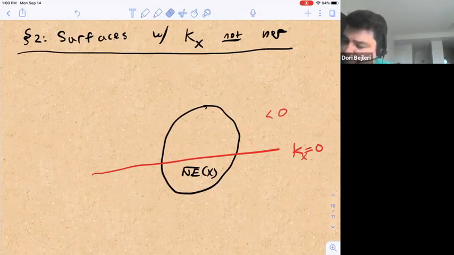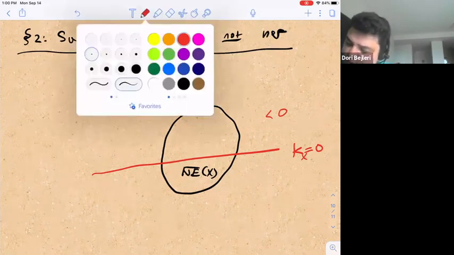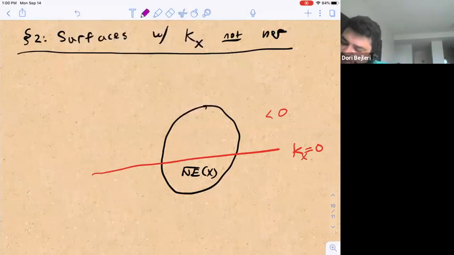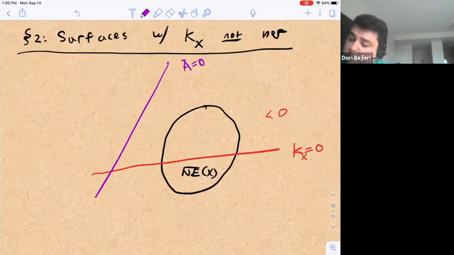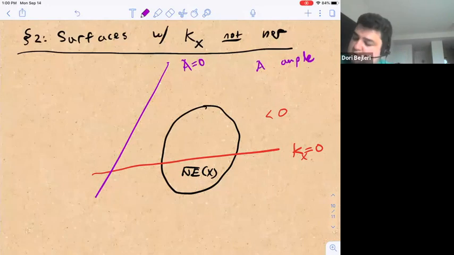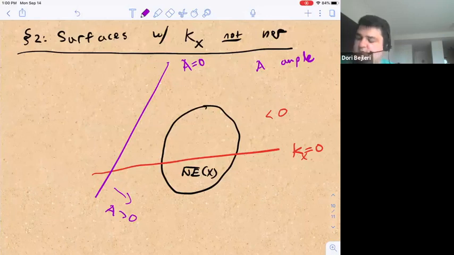That's our assumption. And what we're going to do to understand these, well, we're going to start with some ample A, and our ample is going to live over here. So here's the hyperplane where A equals 0. So kind of this region is where A is greater than 0 because A is ample, so it has to be strictly positive on any effective curve.